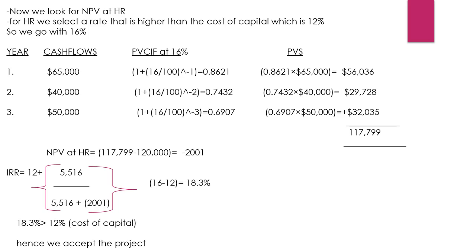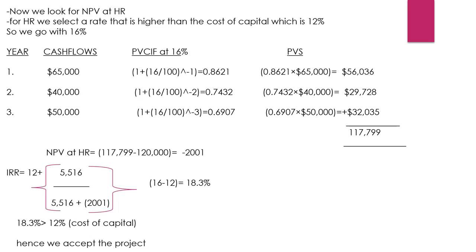So the present value of cash inflow is the total you have just gotten, $117,799. We subtract our starting capital, which is $120,000, and the answer you get is -2,001. So our NPV at the higher rate is negative. So for now we have gotten the NPV at the lower rate and the higher rate.